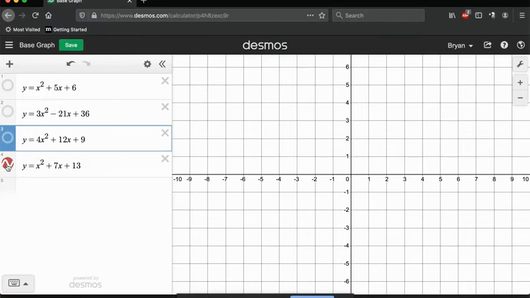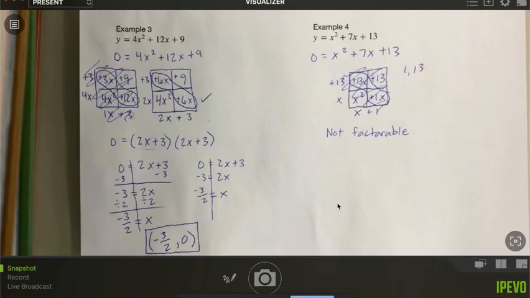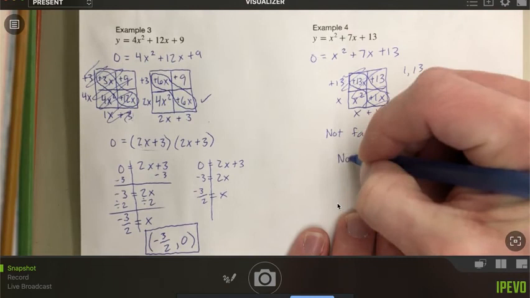And if we take a look at the graph, you might notice that there aren't any x-intercepts. Our parabola is actually above the x-axis, and so it never crosses. So when we see something's not factorable, take a look at the graph and see, does it cross? If it doesn't, then there's no solution.